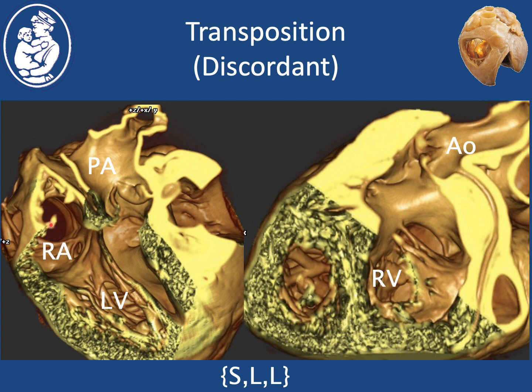Blue blood from the right atrium ends up in the pulmonary artery, and red blood coming into the right ventricle from the left atrium through the tricuspid valve ends up in the aorta. In the absence of other abnormalities, such as a ventricular septal defect or pulmonary stenosis, these patients can be completely normal appearing with no symptoms.